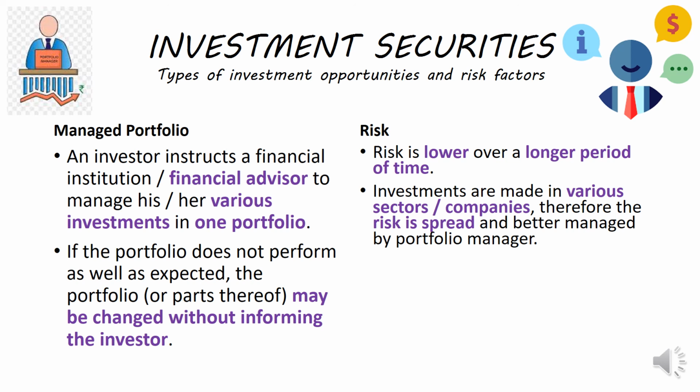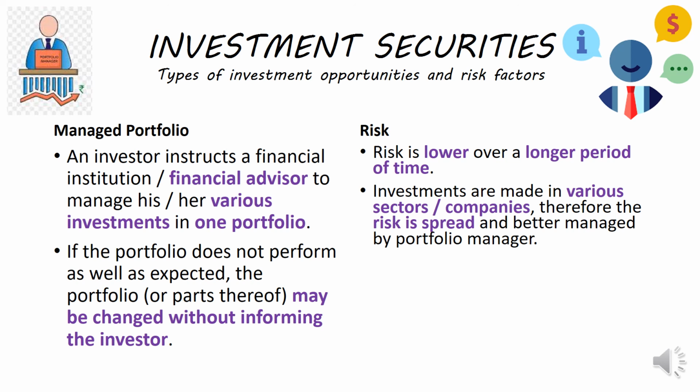Right, investments are made in various sectors or various companies. So as I said yesterday, you are not putting all of your eggs in one basket. If part of your portfolio is invested in shares, part in savings accounts, and part in government bonds, obviously the risk is spread. So if the share market bottoms out and you lose the money that you've invested in shares, at least you haven't invested all of your money in shares.